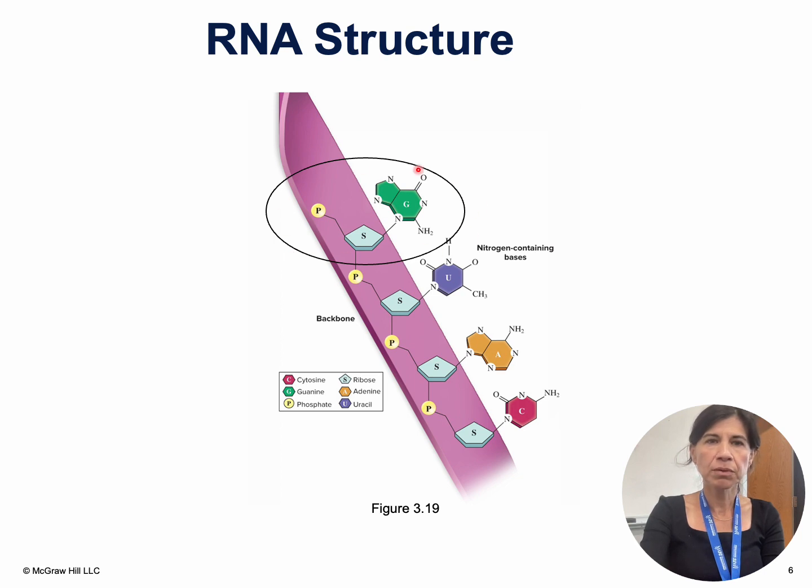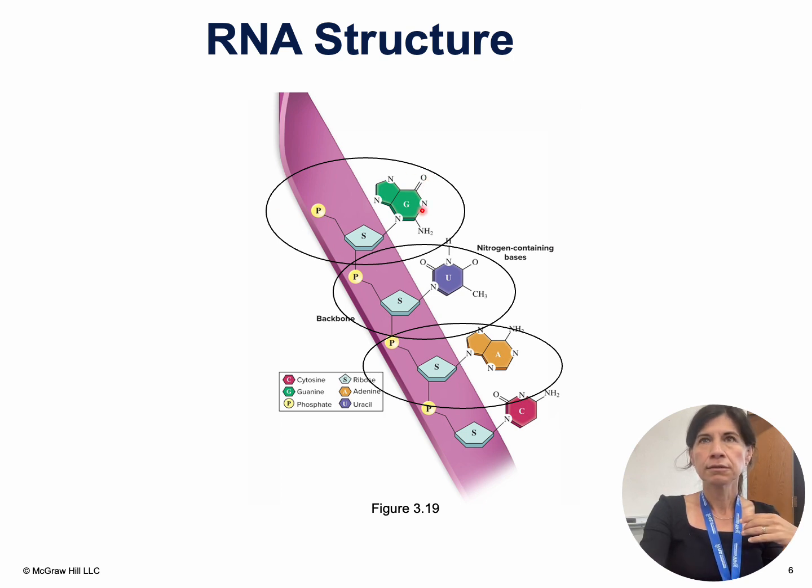So what were these repeating units called? We would call this whole RNA strand what? We would call it a nucleic acid. RNA is a type of nucleic acid. And what is it made up of? It's made up of these repeating building blocks, each consisting of a phosphate, a sugar, and a nitrogenous base, and we call these nucleotides.